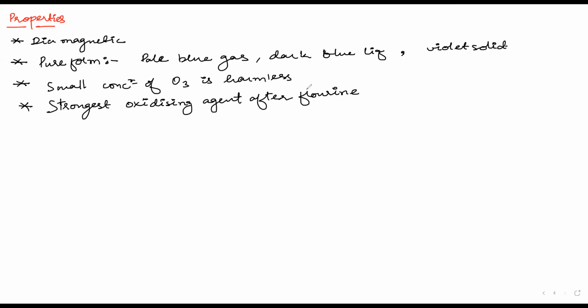Okay, but remember that I will ask this question again when I teach halogens. I will again write this point. Fluorine is the strongest oxidizing agent, and at that time I will ask you which compound is after fluorine in oxidizing power. Then you have to answer O3. Why is it a strong oxidizing agent?